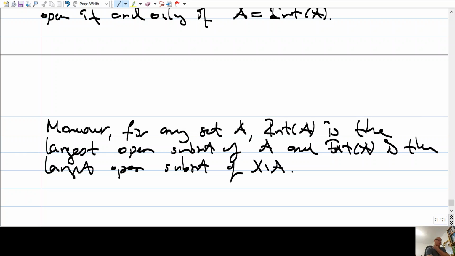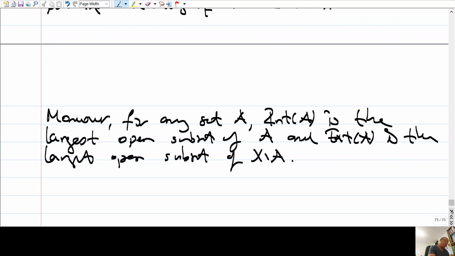The second statement is just the restatement of the first one actually for X minus A, right? Because exterior of A is just interior of X minus A. So the important statement is this. Interior of a set is the largest open subset of A. Okay, it is the largest open subset contained in A. And why is that?